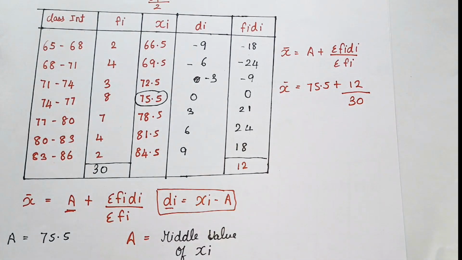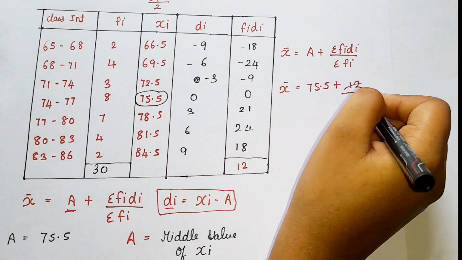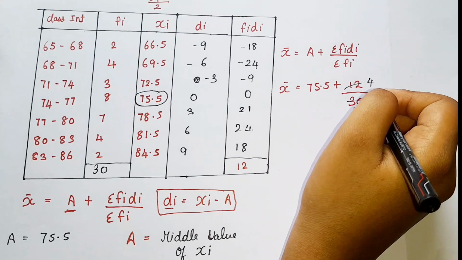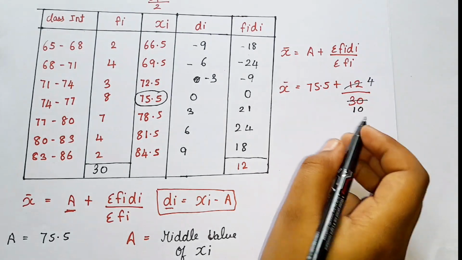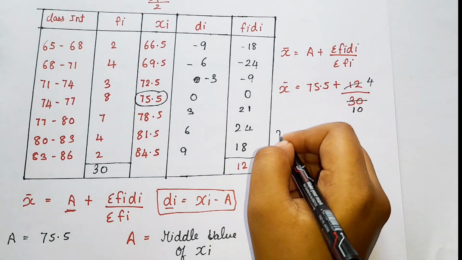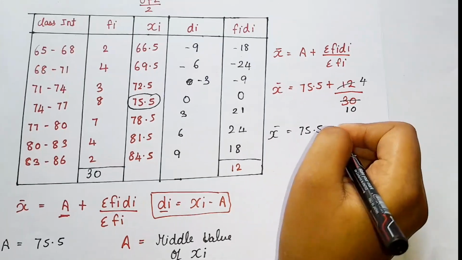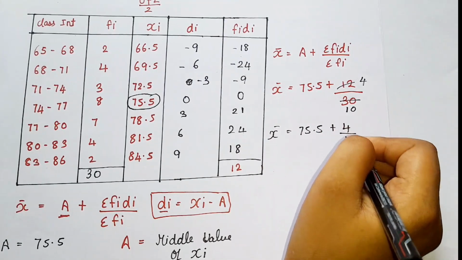Now we can actually cancel them, and then 4, and then no need, we can actually leave it like this. So x bar is equal to 75.5 plus 4 by 10, isn't it?